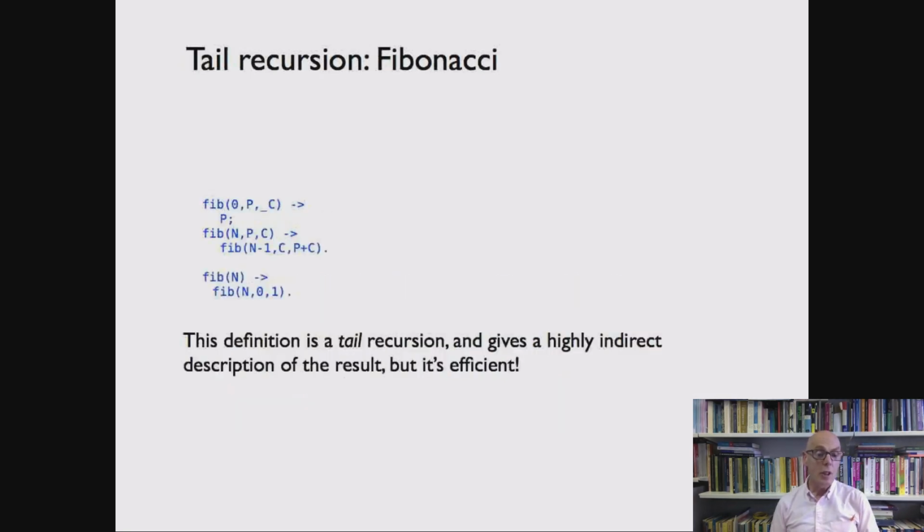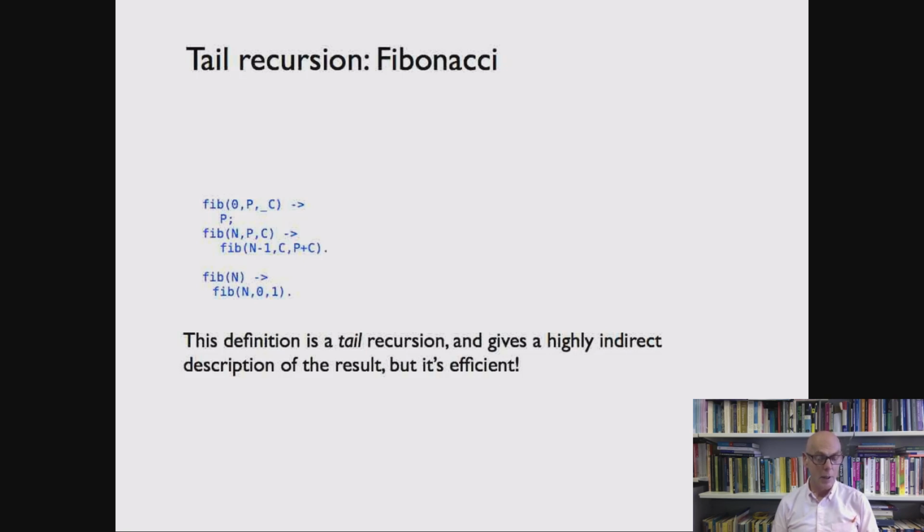We had a much more efficient solution that was based on using accumulating parameters to hold the previous and current values. And what we did was count down, and each time we counted down, we made the current the new previous, and the previous plus current the new current.